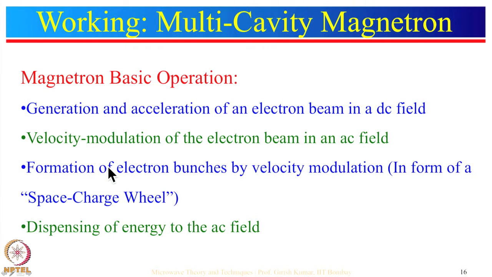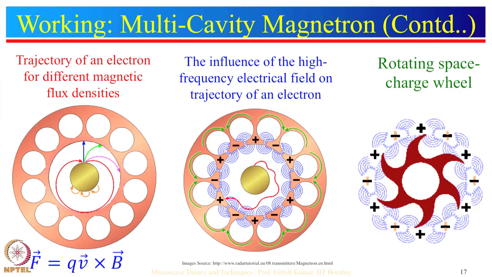Now, we will discuss these phases one by one. Let us discuss the first phase, which is generation and acceleration of the electron beam in a DC field.